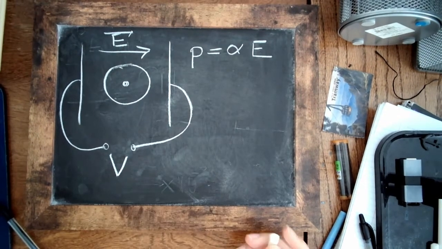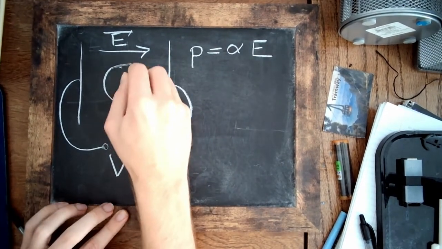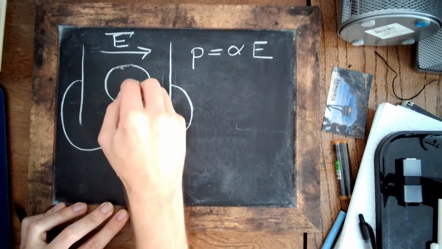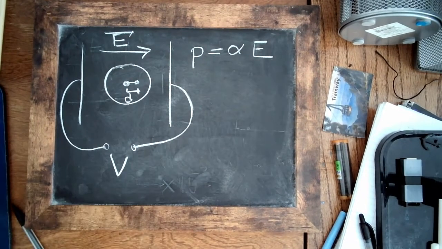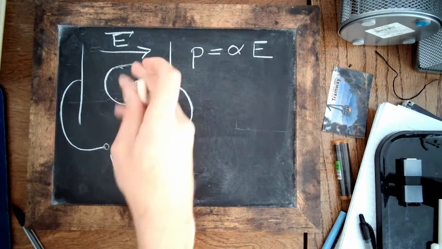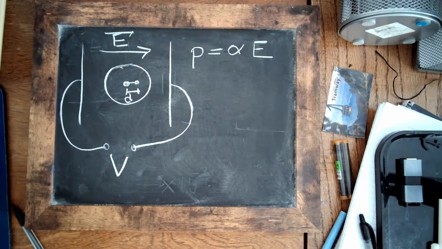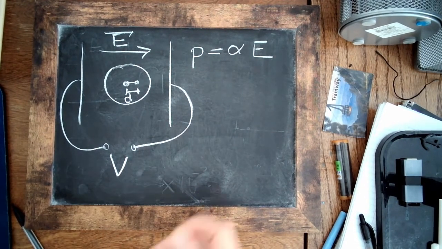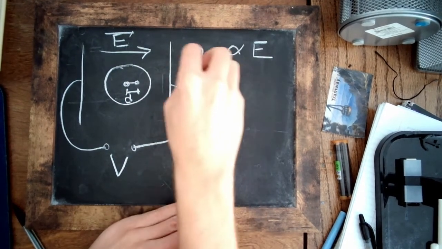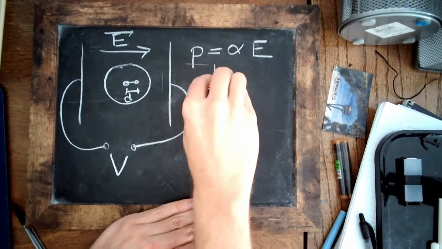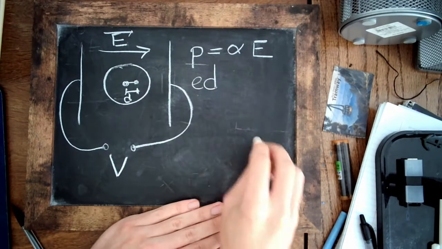But what we'd love to know is what is going to be the corresponding shift, little d, in the position of the atomic nucleus. What is the amount that this atom will deform? So to do that, we write our other definition of the dipole, which is just charge times distance, elementary charge.